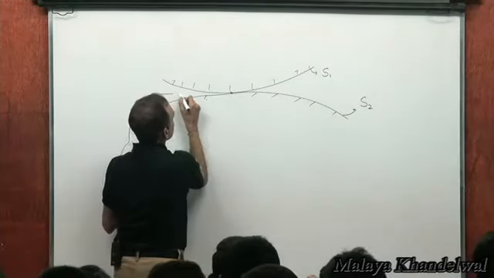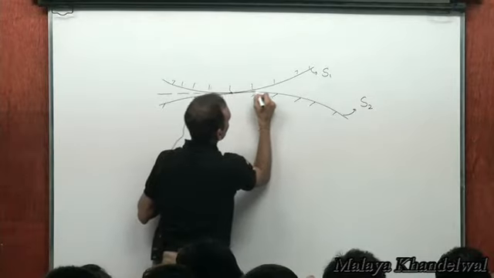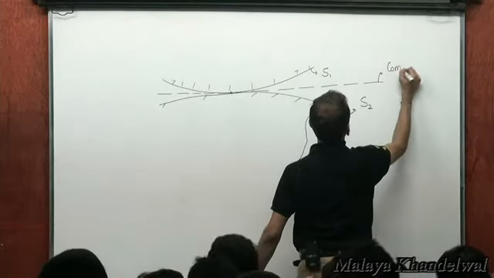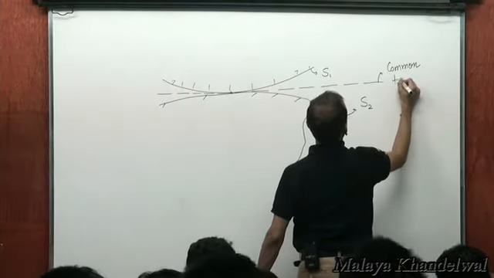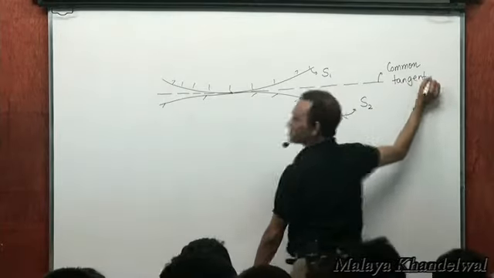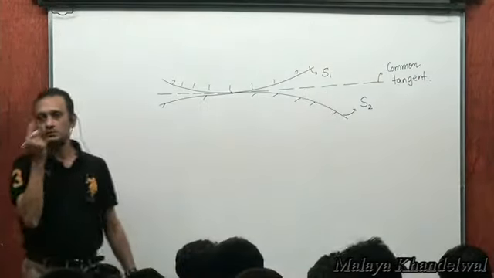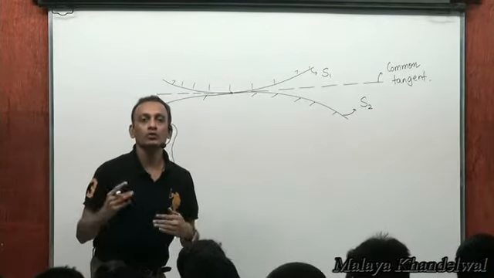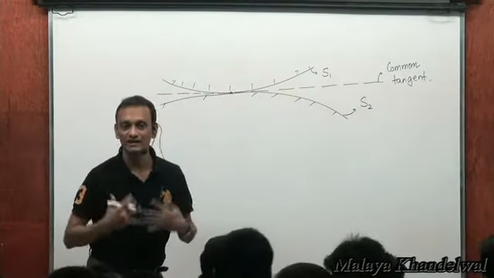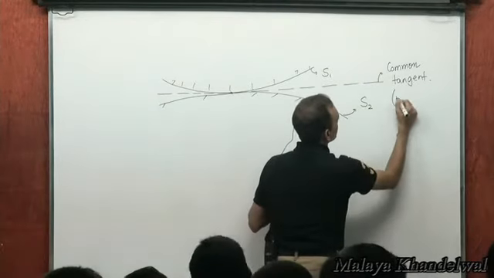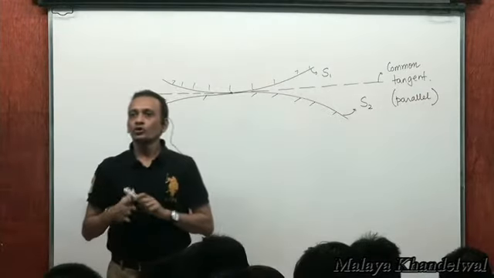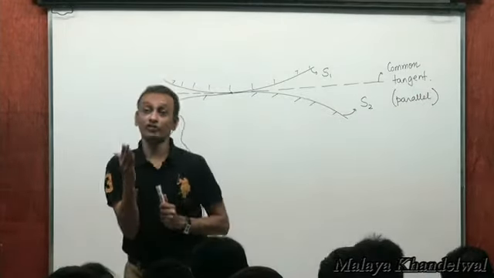Now this is a tangent, a common tangent to the two surfaces. This direction, sometimes called the common tangent direction, or also referred to as the parallel direction. This is the purview of friction.